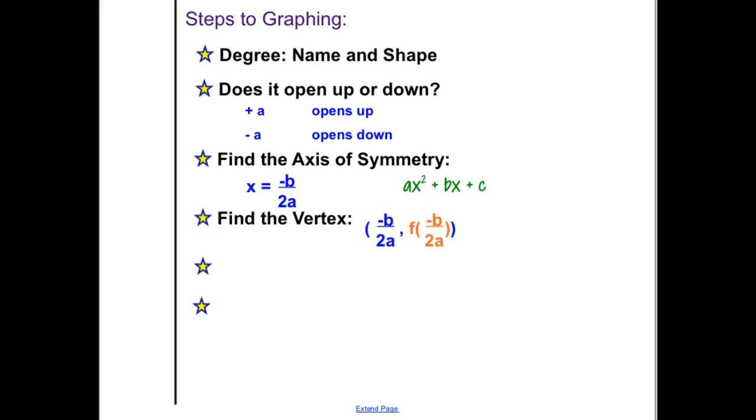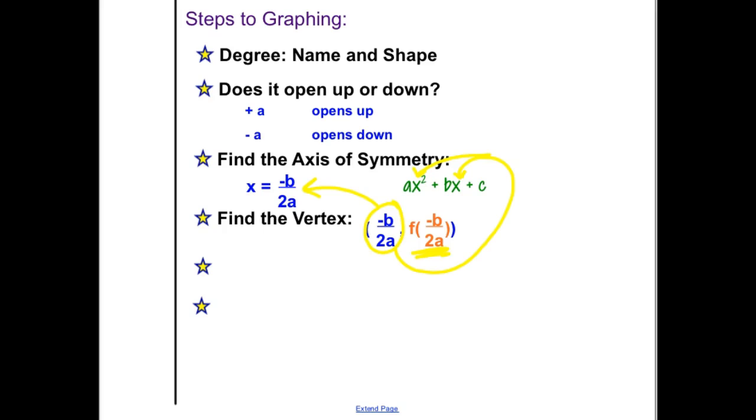And then find the vertex. We have to take what we found for the axis of symmetry, use that, and substitute it in for x. So we put it back into our function, and that's what this f of opposite of b over 2a says. Just like f of x is y, this is our y coordinate.